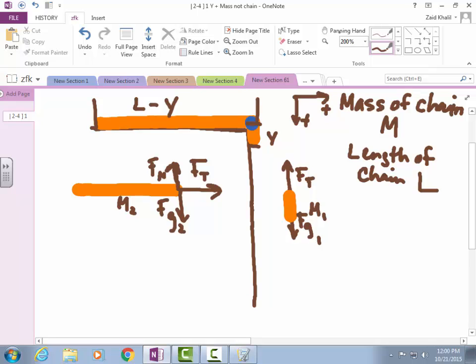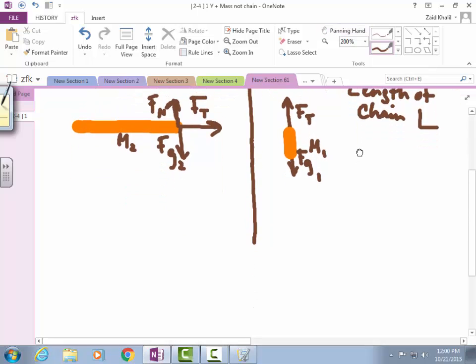So now net force equals mass times acceleration. Let's do it for M1. So what are the forces on M1? Spit it out. Very good. Fg1 minus Ft equals M1 A1.